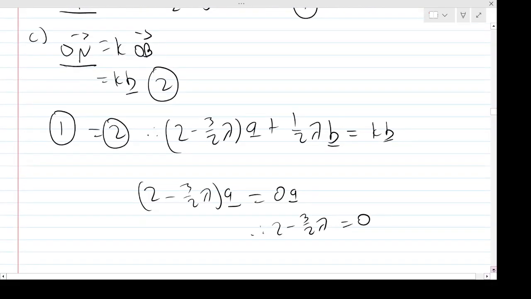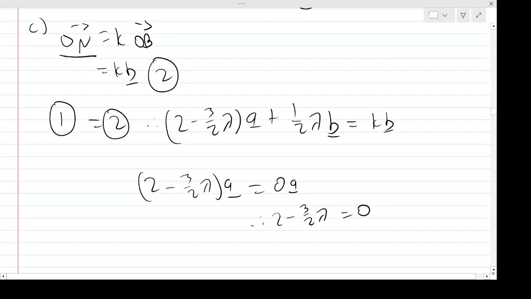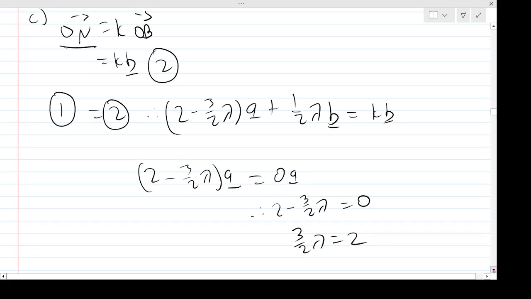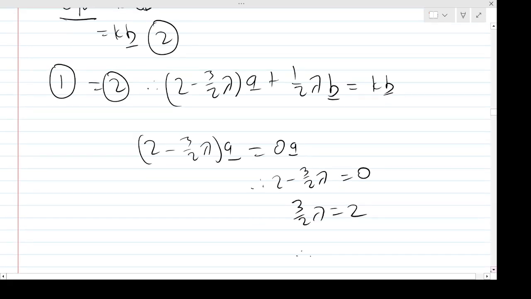So then I can solve for lambda, right? So then I can say that 3 half lambda equals 2. And so therefore, if I divide both sides by 3 over 2, I get lambda is 2 divided by 3 halves, which is 4/3.